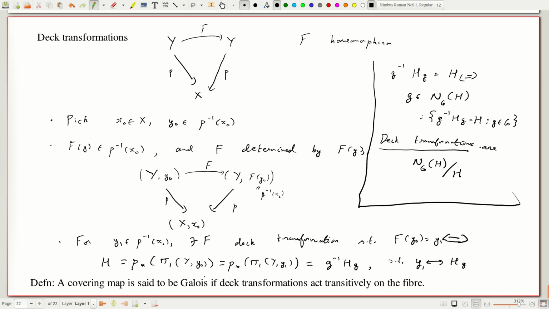This is just like a Galois group, where subgroups of the Galois group correspond to field extensions. A covering map is said to be Galois if deck transformations act transitively on the fiber, and that means that given any y1, there's a deck transformation taking y1 to y0, and that is simply equivalent to the group corresponding to this being normal in G.